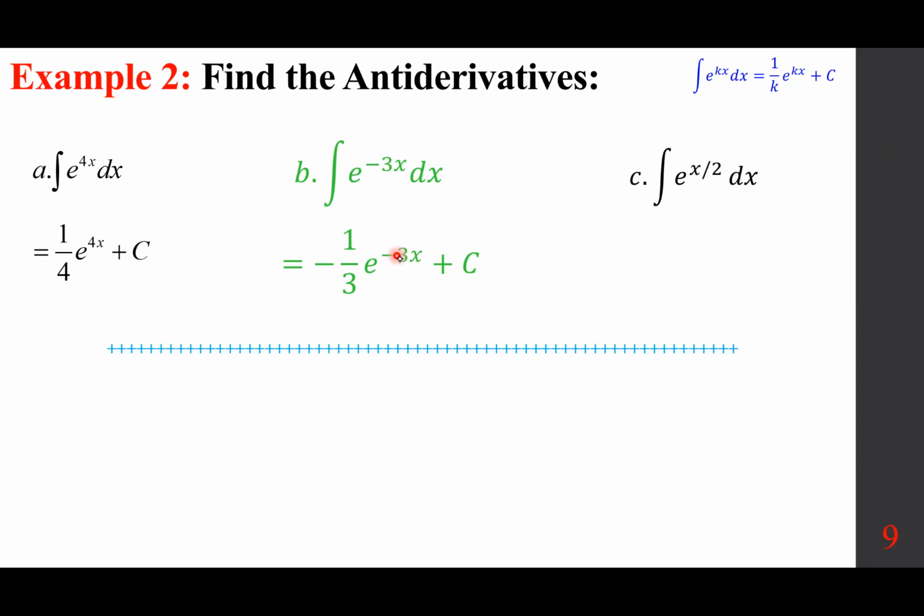Now, we do exactly the same here, but for any reason, if we can't see this properly, we change this to e to the power of 1/2 x. So x over 2 is 1/2 x. Therefore, your k is 1/2. So 1 over 1/2 or 2.